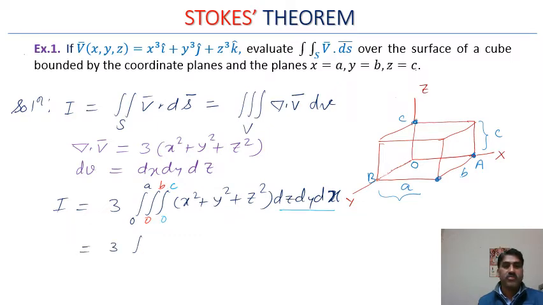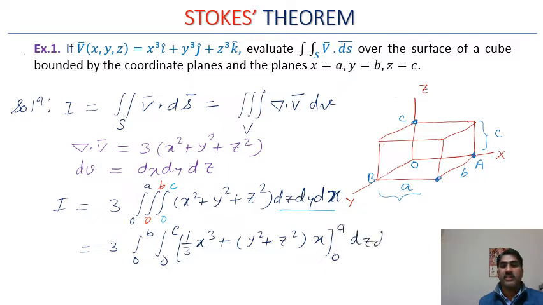This gives 0 to b, 0 to c, 1 by 3 x cube plus y square plus z square x, and the limit applies to it, that is 0 to a, dz dy.